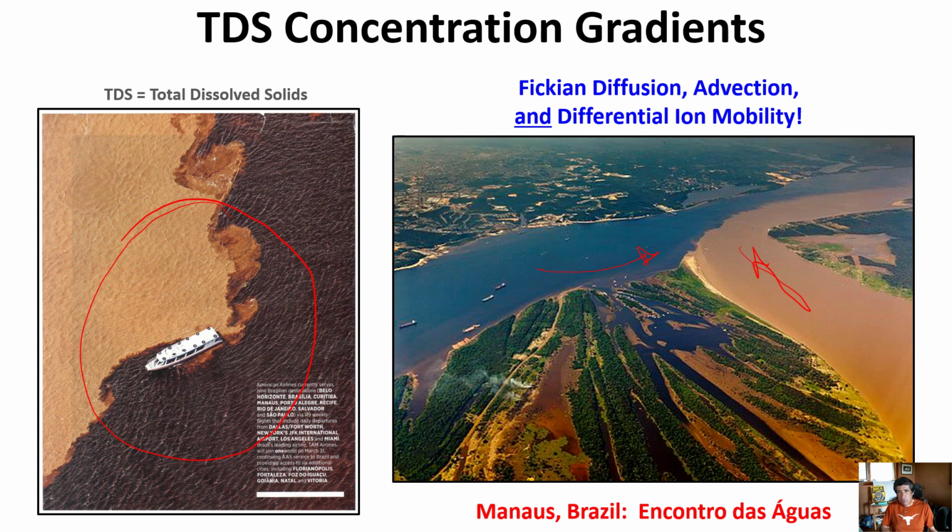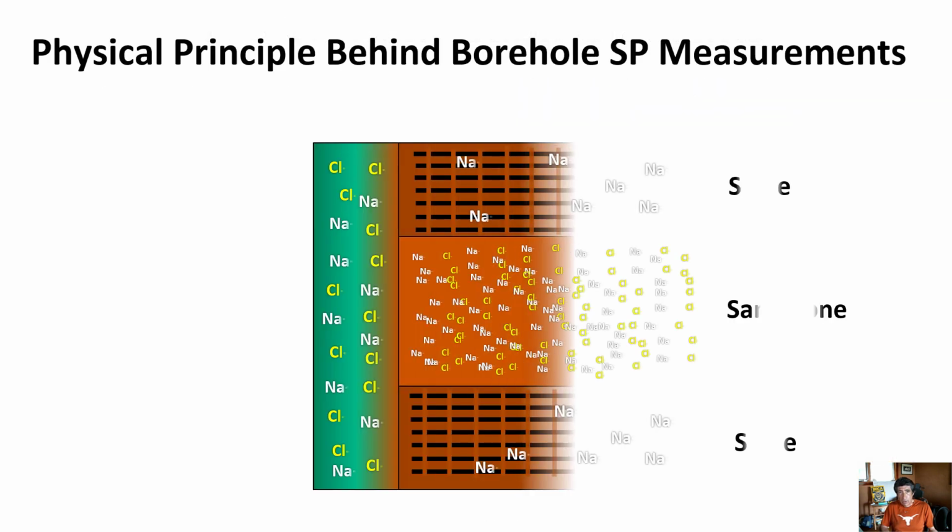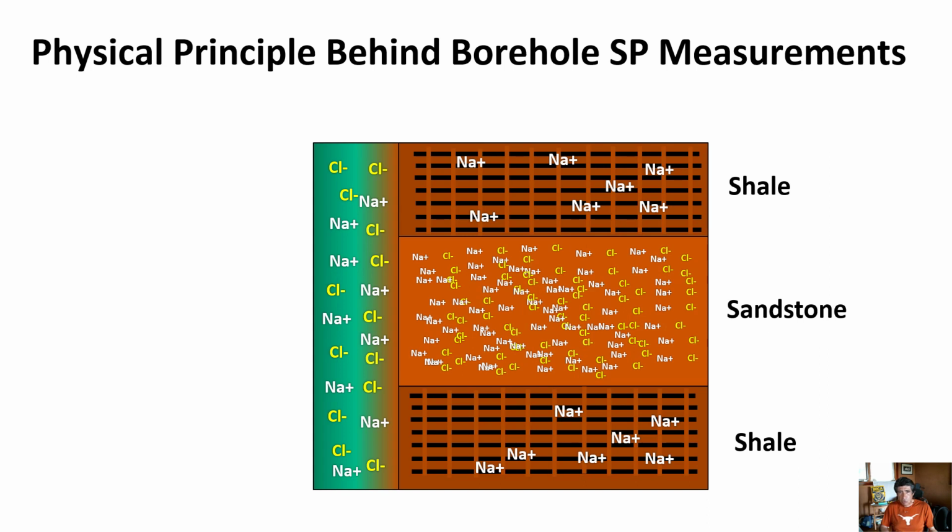But this is a very interesting natural example of how concentration gradients will give rise to mobility and diffusion of the ions toward equilibrium. Something like this happens in the borehole. Let me just explain what happens in the borehole. In the borehole, when we drill the well, right here is the well, we have a certain concentration of sodium chloride.